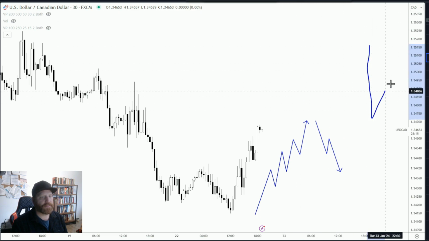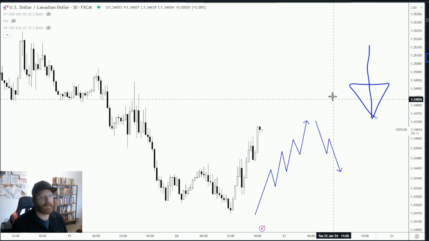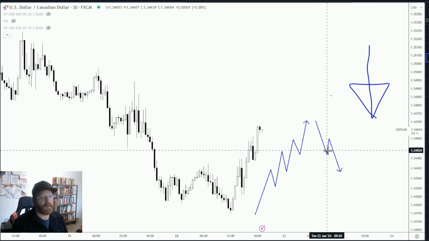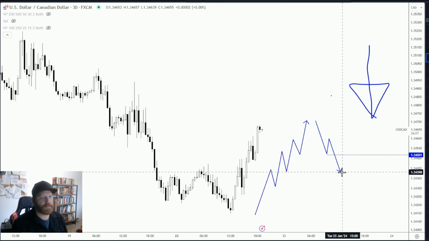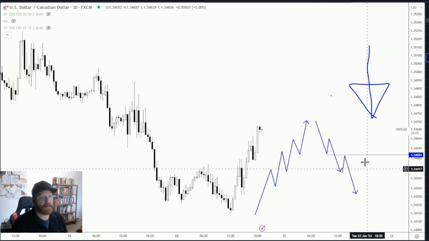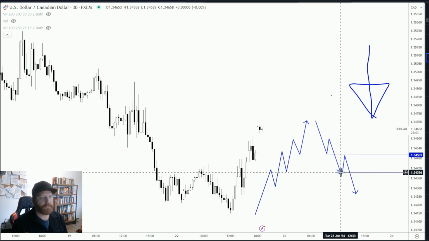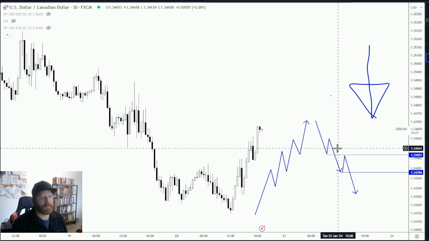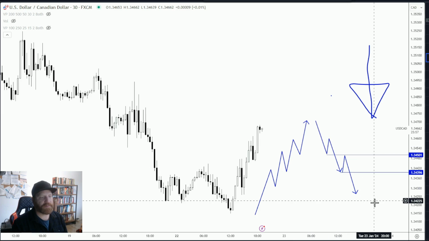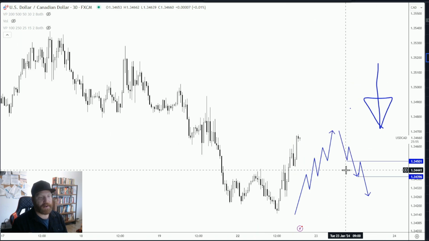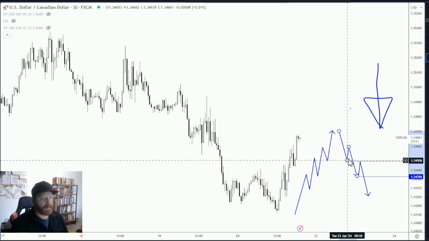So that's the direction I want to be in. And these are what I want to short. So as the market does that, I want to short here again, and then put my stops at previous highs, lower these stops and pyramid into my position. But right now, I don't have a setup.